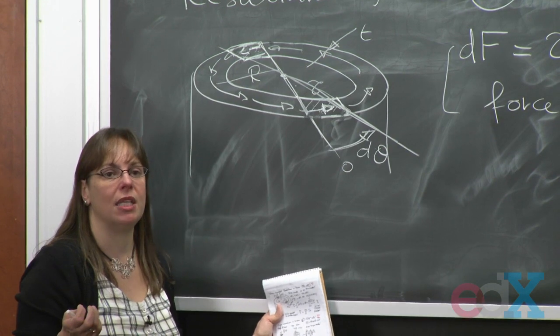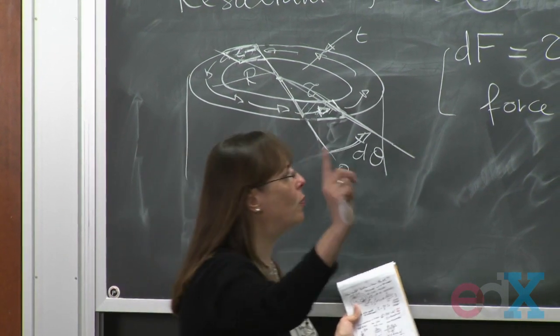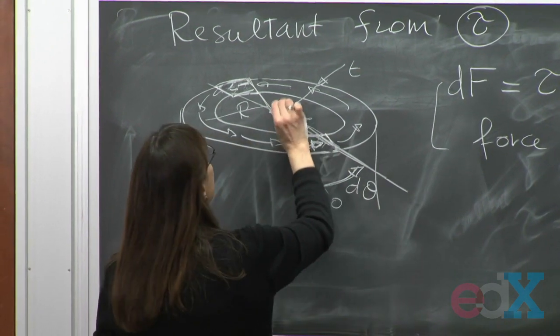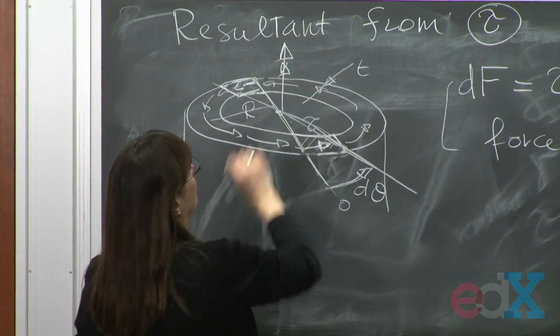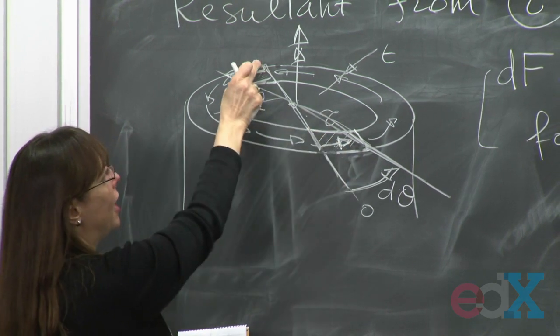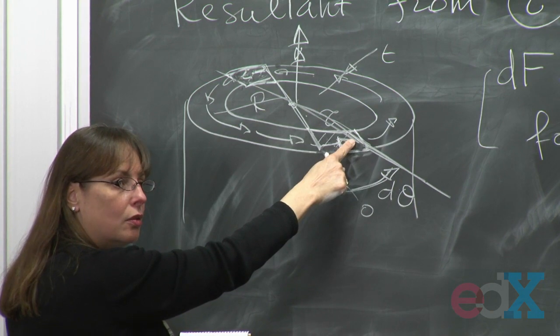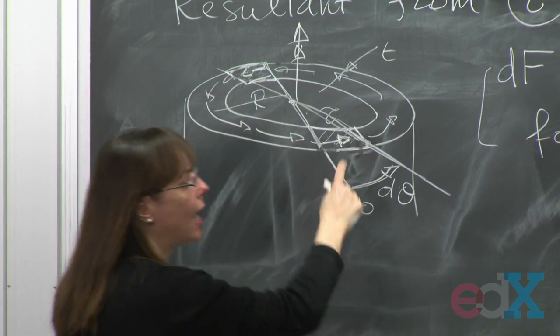But what do they give me instead? A torque. They give me a moment. They give me a torque this way. Because if I look at the dF and I multiply by the arm of the torque, which is from here to here, which is 2 r's, I get a torque.